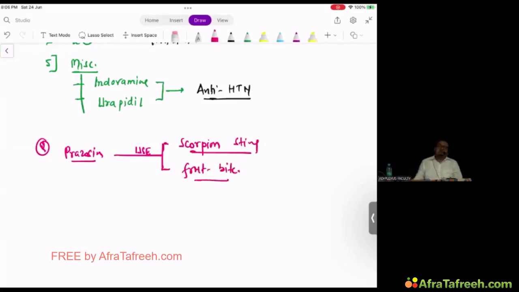Both diseases have vasoconstriction. Prazosin is an alpha blocker vasodilator, so it is used there also. Scorpion sting, frostbite, prazosin, vasodilator we use. One-liner question, nothing. So any problem with alpha blockers? Very simple. Remember the classification, remember the use, everything is clear.